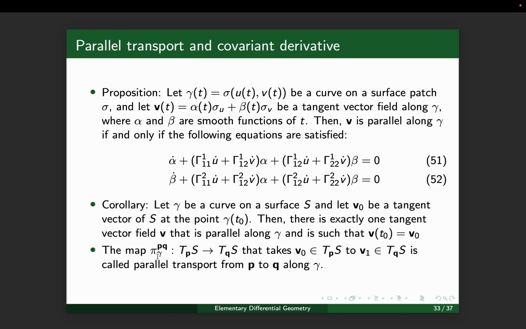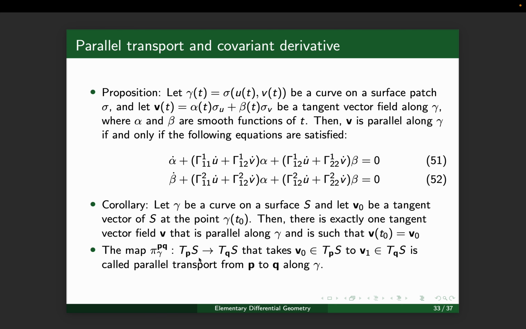So a map which takes a tangent vector at point P to a tangent vector at Q, such that the covariant derivative remains 0 all along the curve, goes from V0 to V1. Then we call this map parallel transport.